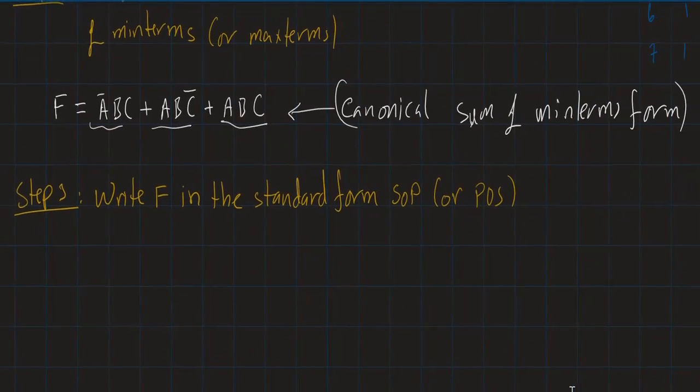Now the next step is to simplify this. If we can't simplify this, then we reach the standard form, either sum of products or product of sums. Now there are two ways to do this procedure, two ways to simplify the forms: either by Boolean algebra and the postulates and theorems of Boolean algebra, or by using the K-map.